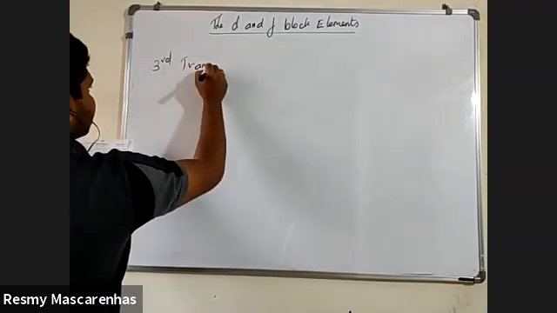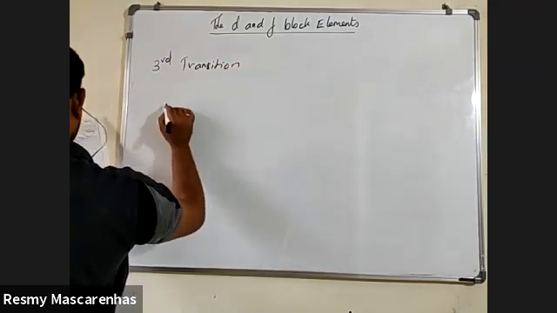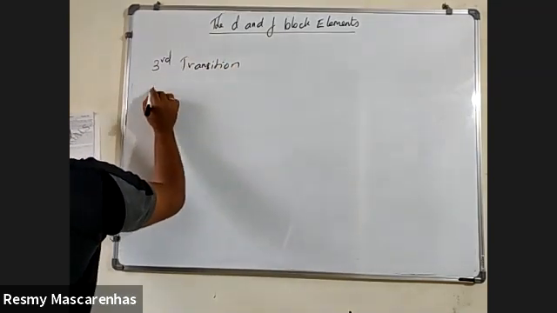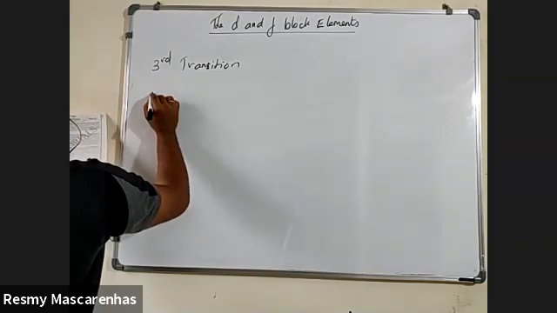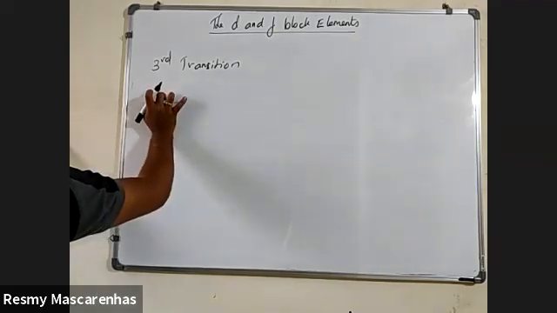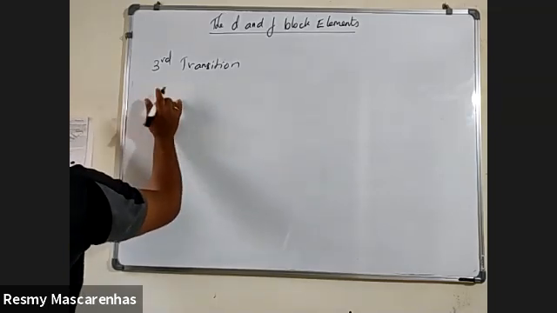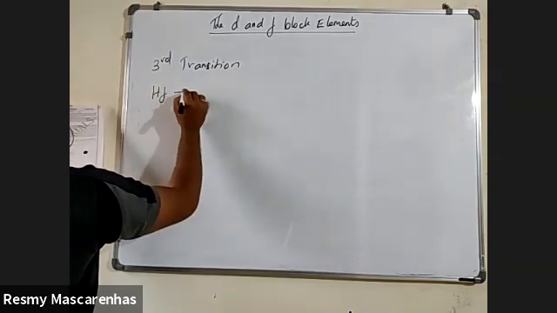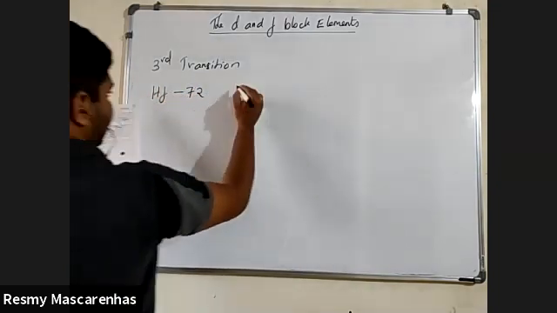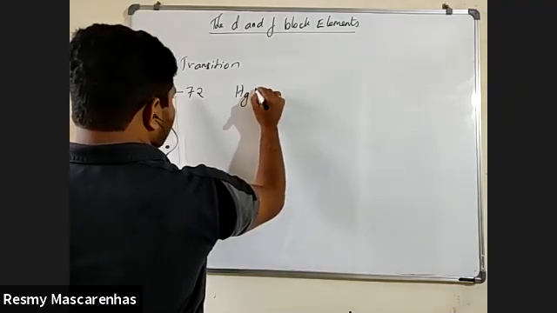Third transition series. In this case, it starts from hafnium, that is atomic number 72, and ends at mercury, atomic number 80.